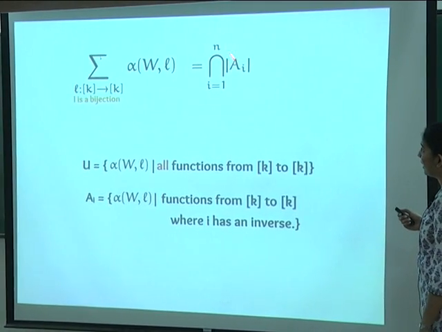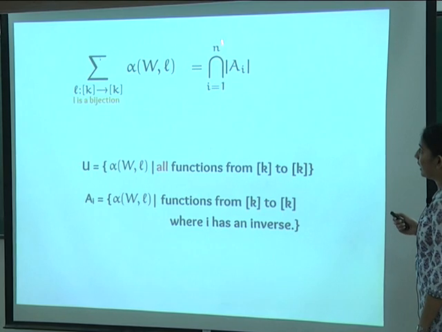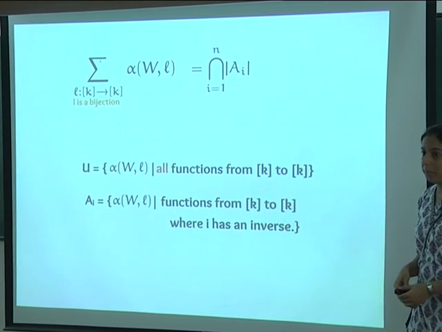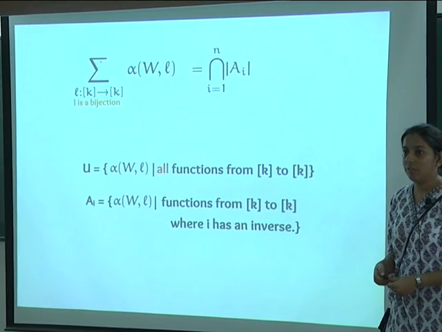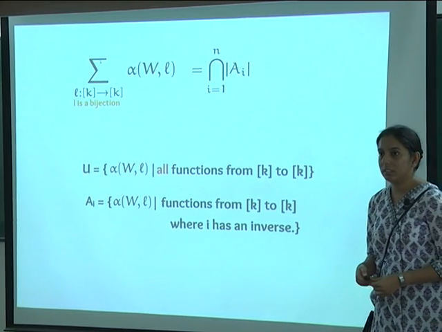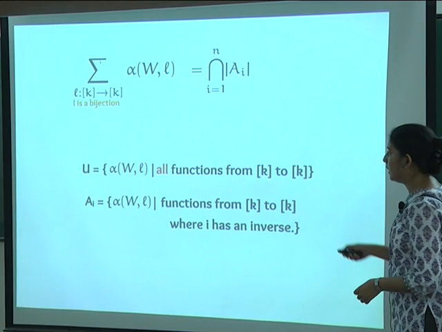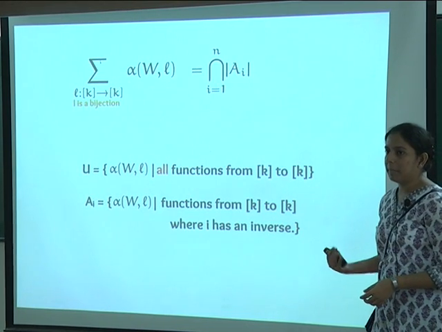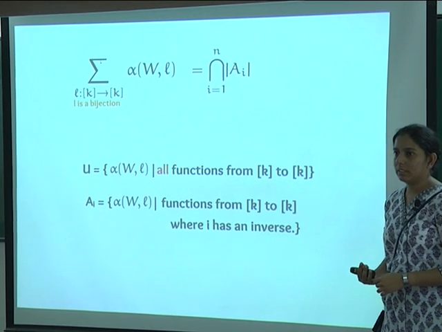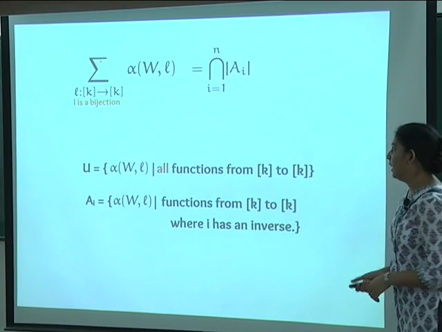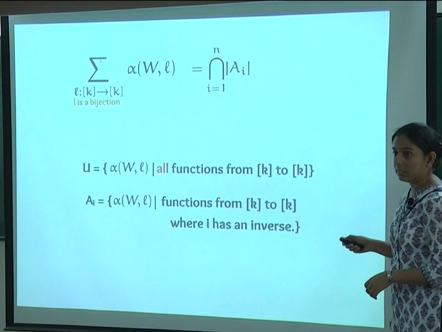Intersection of A_i, i going from 1 to k. Sorry, that's a bad typo. If you insist that every guy has somebody mapping to it, then you get precisely the bijections. Correct? And this is really what we want to count.